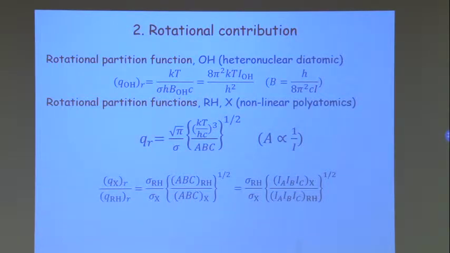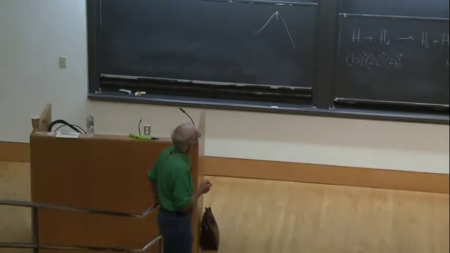So the symmetry numbers are really important in describing these transition states and calculating the values, and then just the ratio of the moments of inertia. So these depend upon the ratio of the geometries of the molecules, the sizes of the bond, the sizes of the molecule, and the angles that are involved.